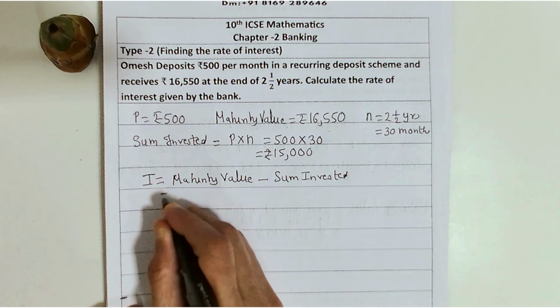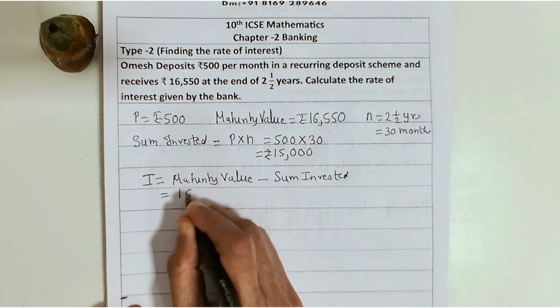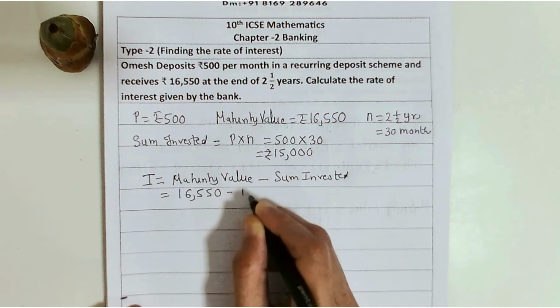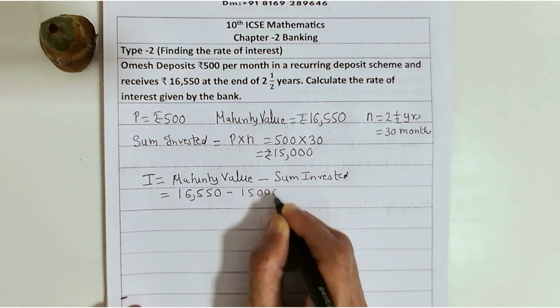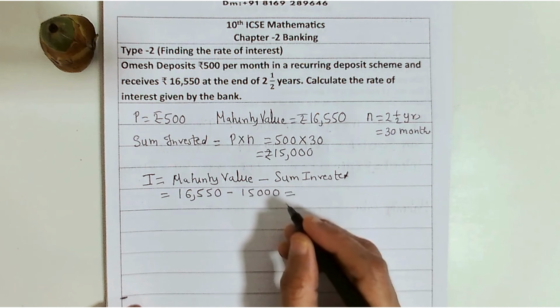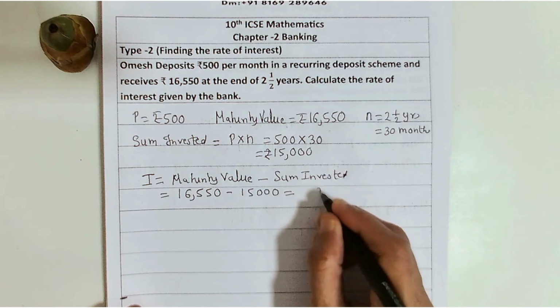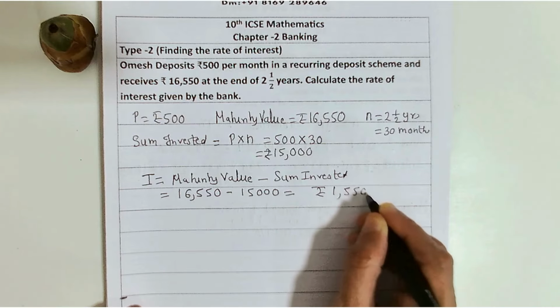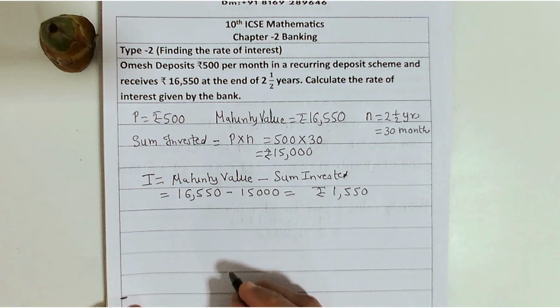What is maturity value? Maturity value is 16,550 minus 15,000. So here the difference will give us the interest which Umesh will get from the bank. That is rupees 1,550.